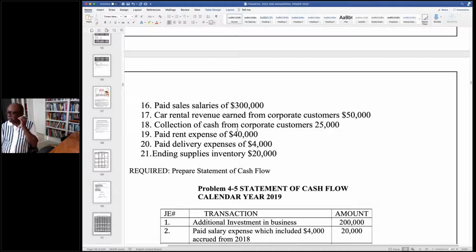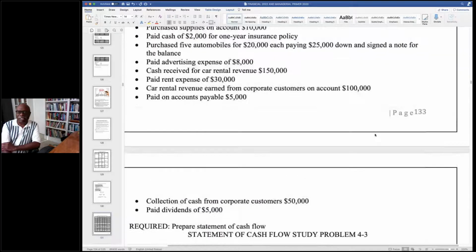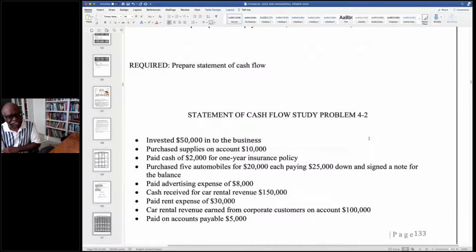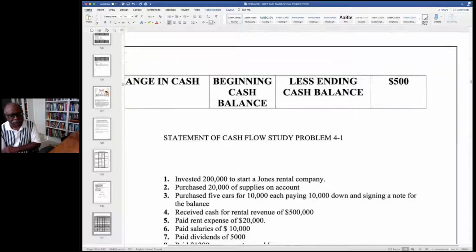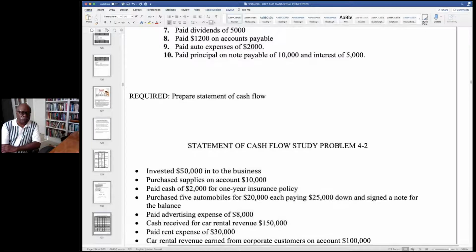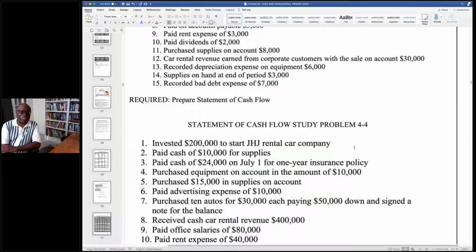So these are not difficult. Just take some patience to work through them. Wait, what are the breakoff numbers? I was trying to see what were the breakoff numbers. Team 1, team 3, team 4.